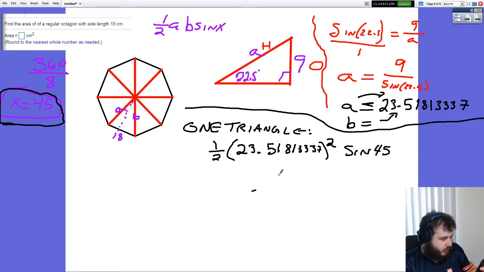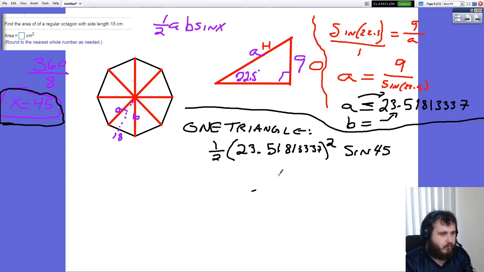So, let me see. So it's like 1/2 times that 23.5181337 number squared times the sine of 45.